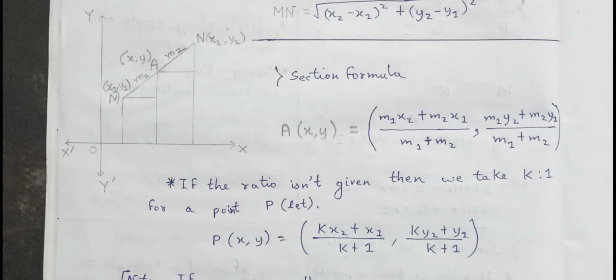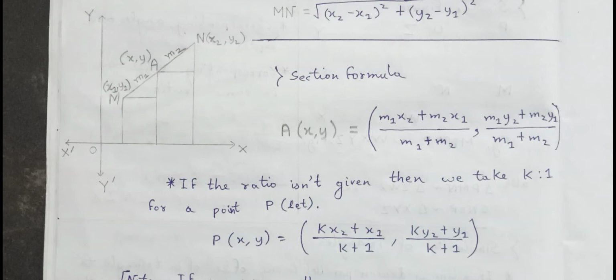Second, at which point the ratio is being formed, meaning at what point a point should be highlighted such that the required ratio is formed. Suppose, like here in the graph, MA is to AN is a ratio. So here you can see A divides the line segment MN.